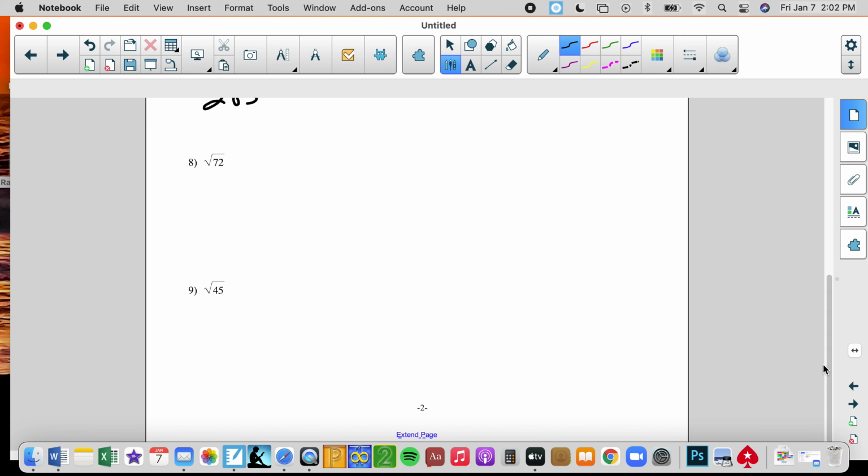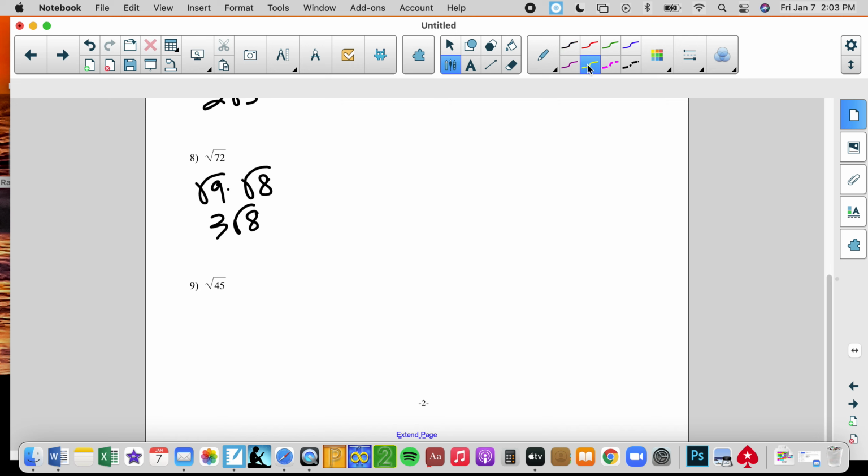72. So 72, okay, 9 rad 8. So I found or thought of a factor pair, factors that multiply to make 72, and one of them is a perfect square. 9 is a perfect square. And a lot of you probably stopped here, and that's where you need to really be careful and recognize those radicals that can still be simplified.